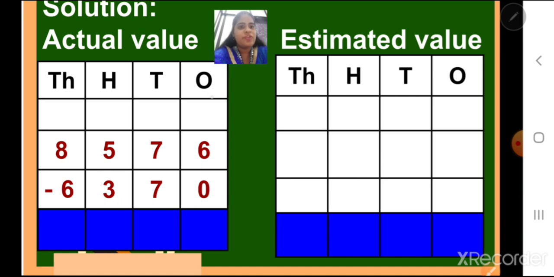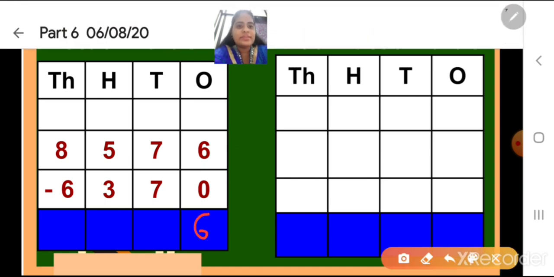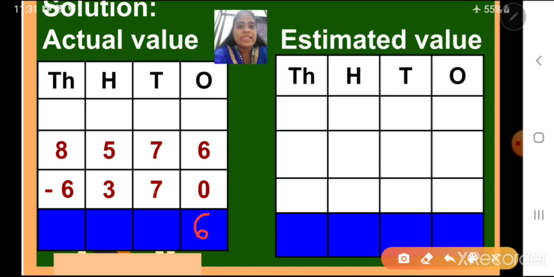We will subtract from 1's place. 6 minus 0 is 6. 7 minus 7 is 0. And 5 minus 3 is 2. And 8 minus 6 is 2. So children, our actual value, if we find the difference, it is 2206.